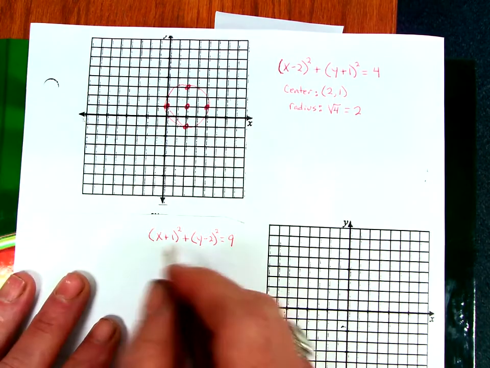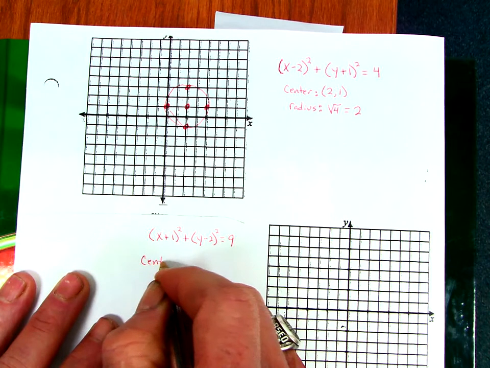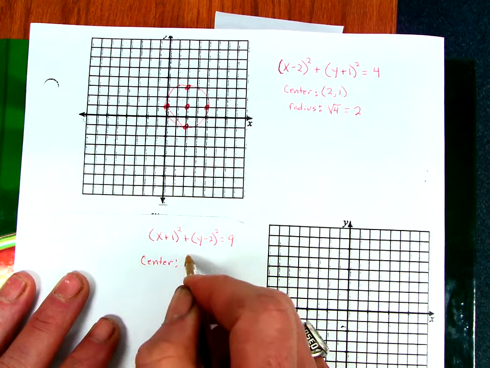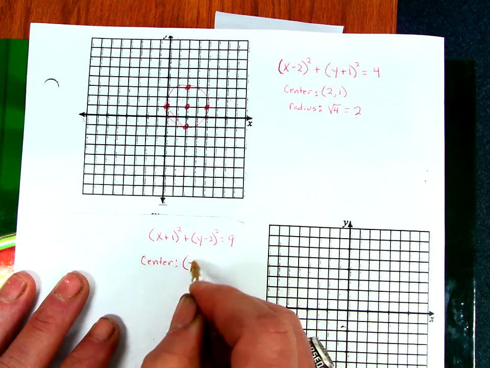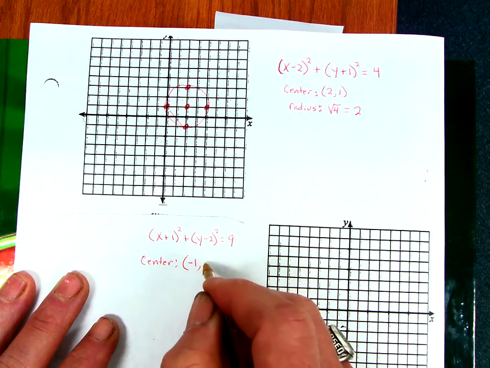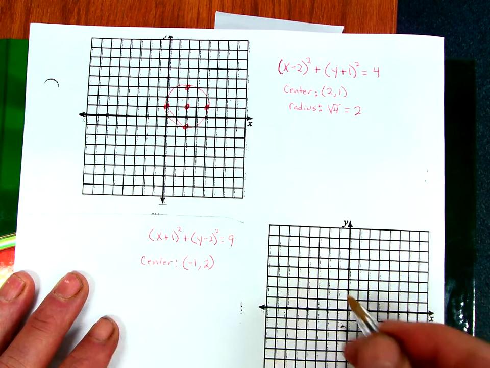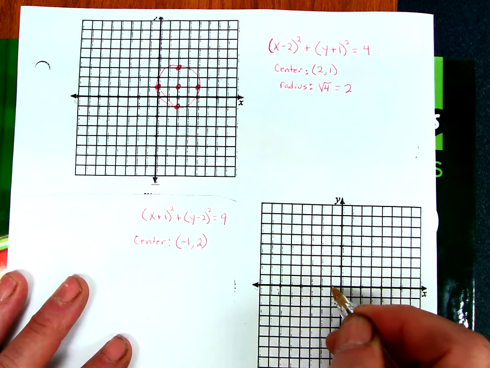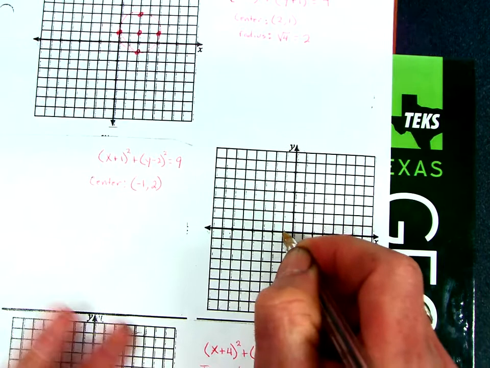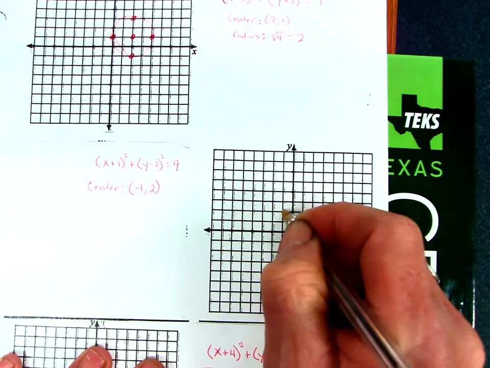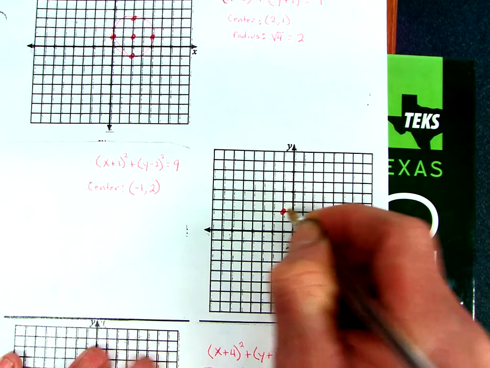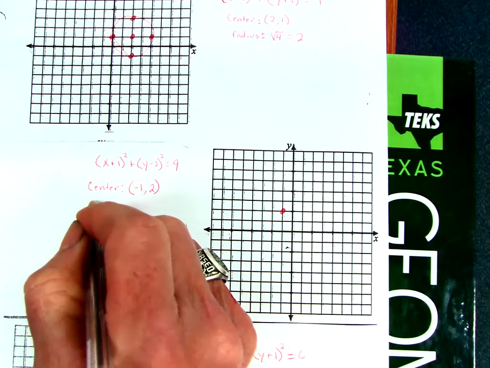Well, let's try another one. Center point, opposite of that, -1. Opposite of that, +2. So my center point this time is at -1, +2. And now my radius.